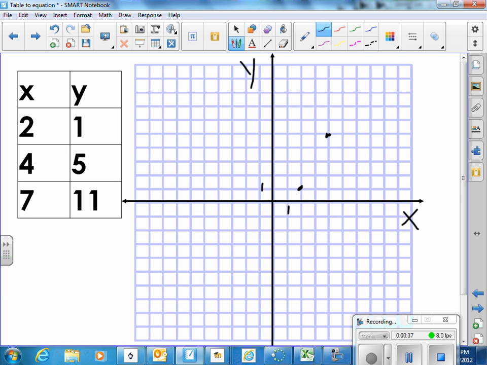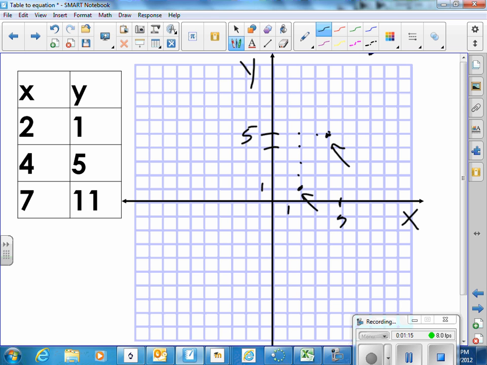and over 7 up 11. Yeah. And so, to get from this point to this point, I go up 1, 2, 3, 4 over 2.